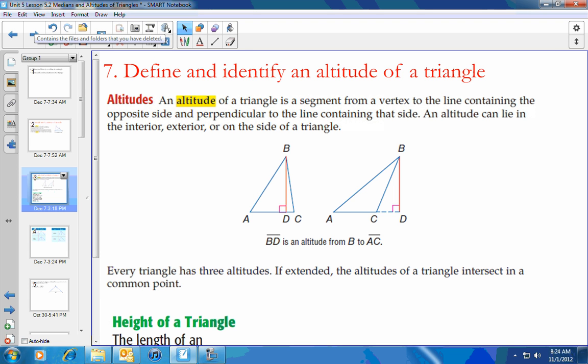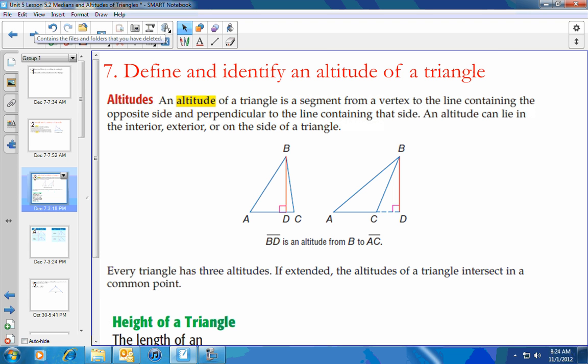Now that seems a little more complicated than is necessary, but it actually is necessary to word it that way. Informally, we can think of an altitude as going from a vertex perpendicular to the opposite side. But that's not quite right, okay? Because sometimes you'll need to extend that side.